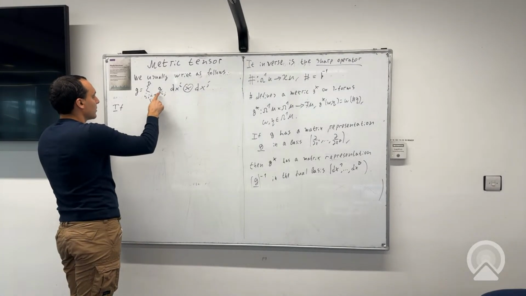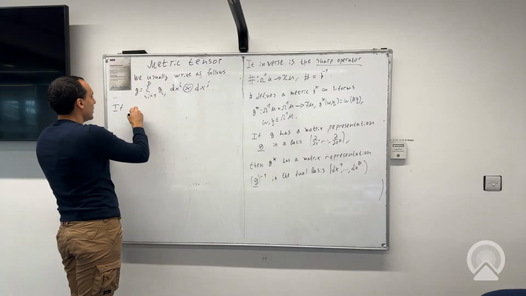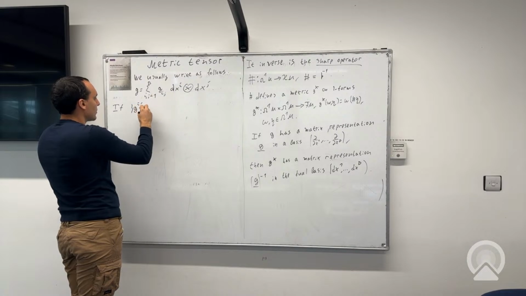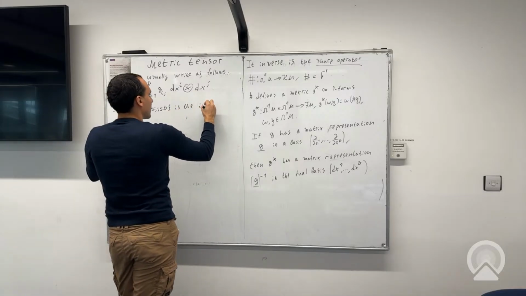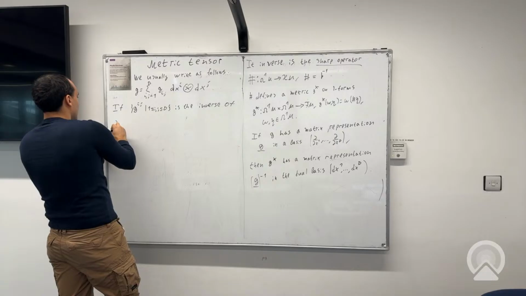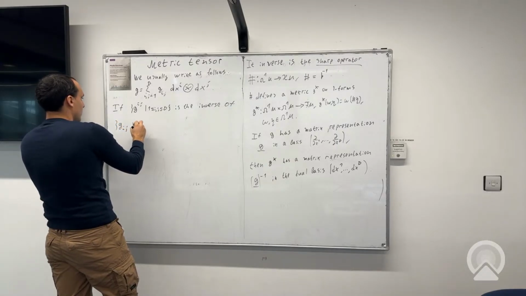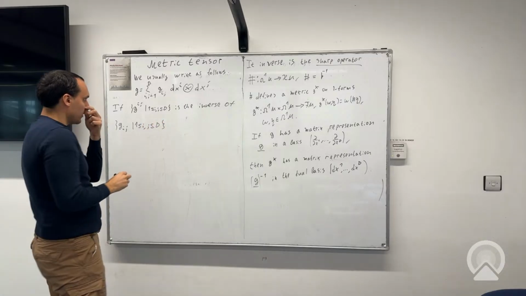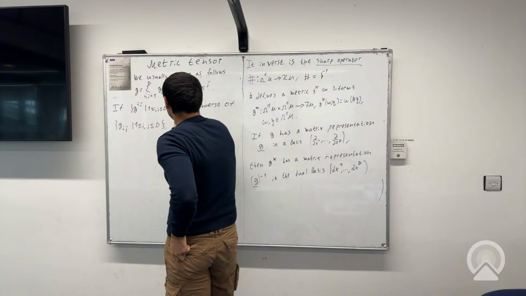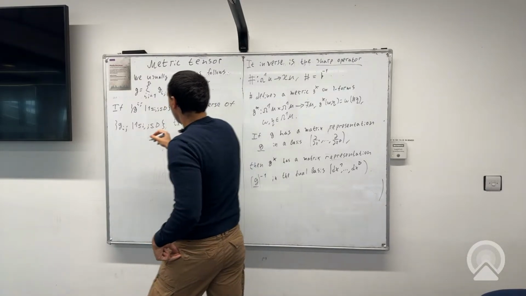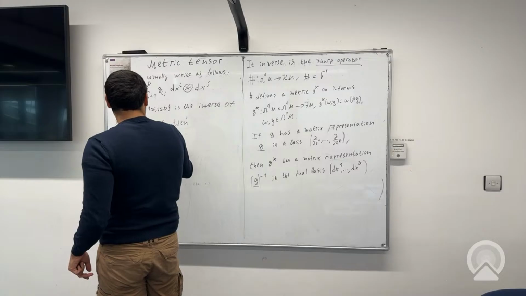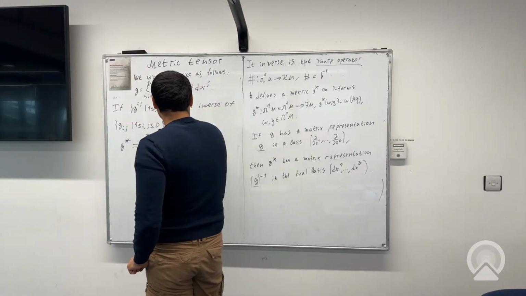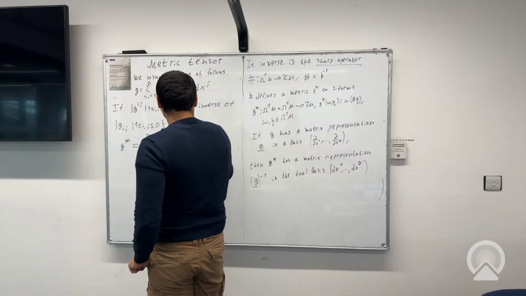So if g^ij is the inverse of g_ij, then g star is the sum from i, j equals 1 to d of g^ij, d/dx^i tensor product with d/dx^j.